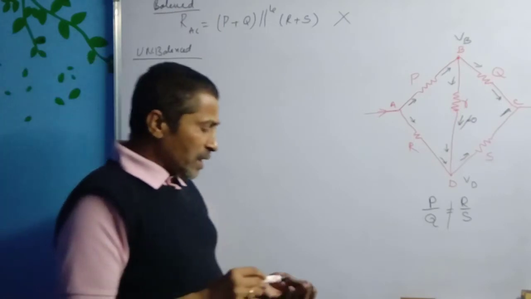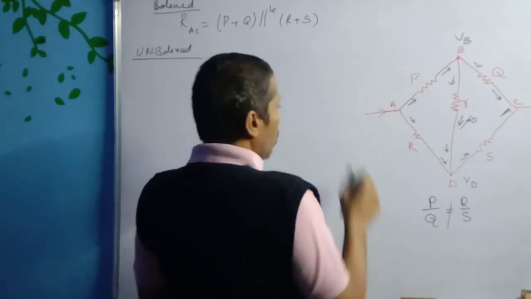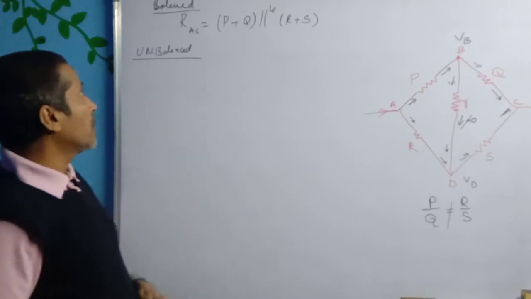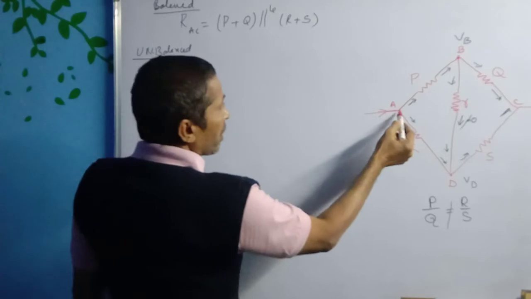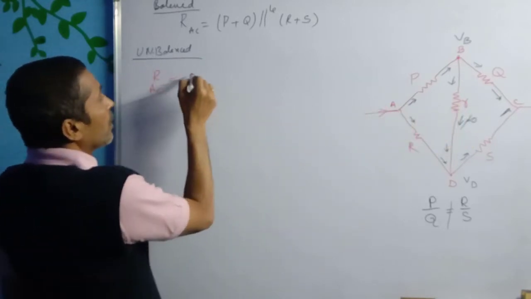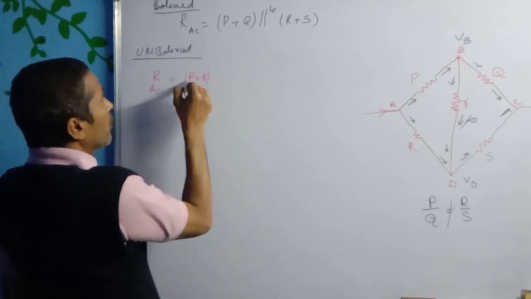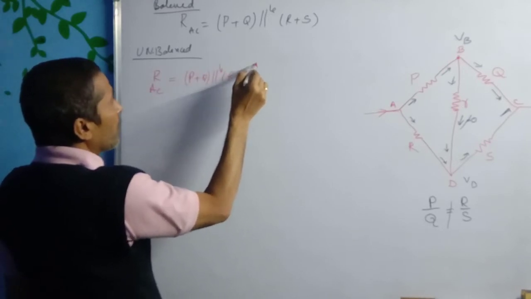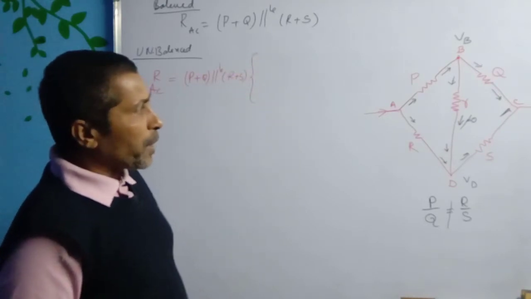For the unbalanced circuit, where P by Q is not equal to R by S, the resistance between the junctions A and C is equal to P plus Q in parallel to R plus S, with a multiplication factor. What is that multiplication factor?